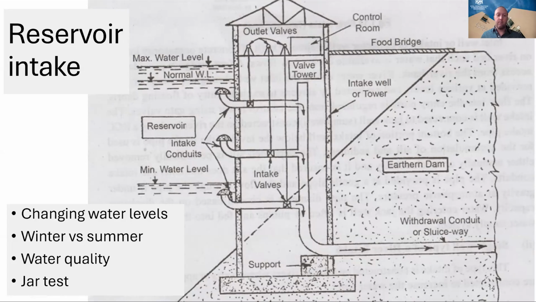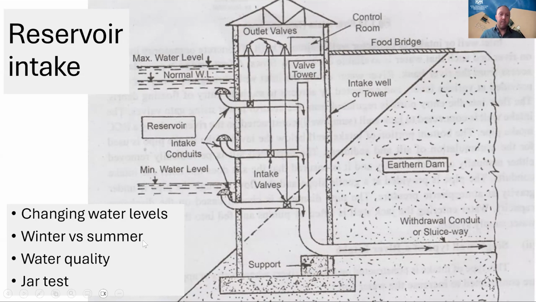But there are other issues too. Last week or 2 weeks ago we talked about how water quality in a lake changes depending on the depth, and sediment and minerals can accumulate at the bottom. There's also going to be a difference in temperature from the top of the reservoir to the bottom.